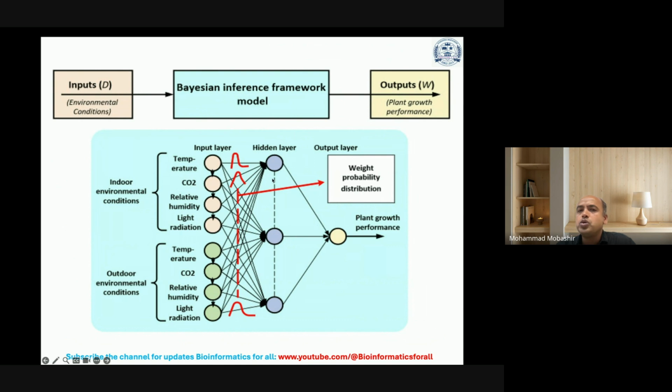Here you can use some kind of Bayesian inference framework model, and then you confirm the outcome and finally go for the final hypothesis.